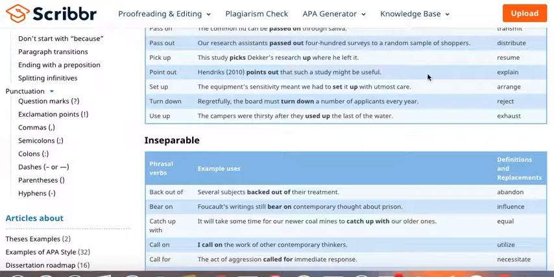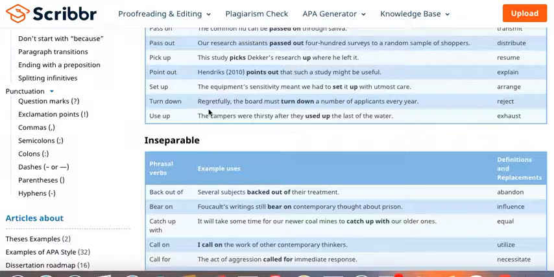Points out means explain. Set up. The equipment's sensitivity meant we had to set it up with utmost care. Set it up. What does that mean? Arrange.